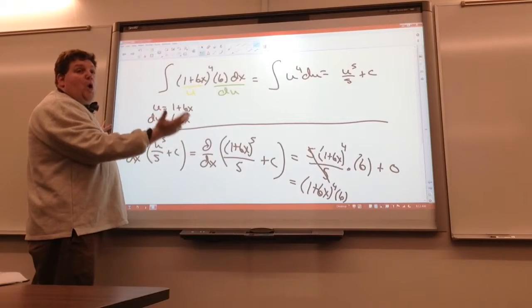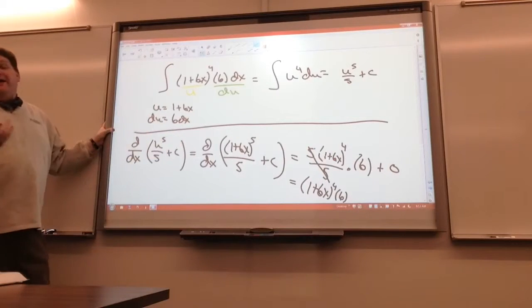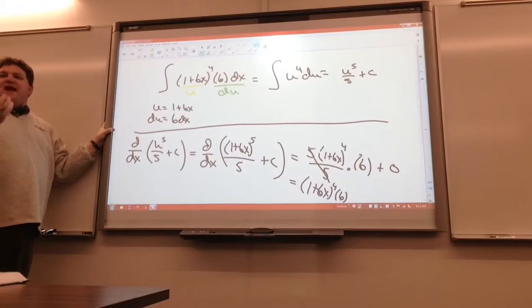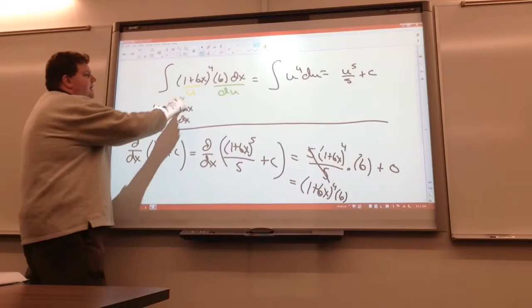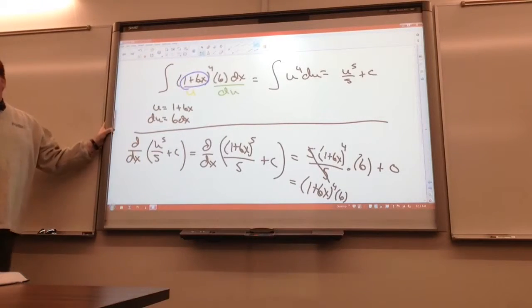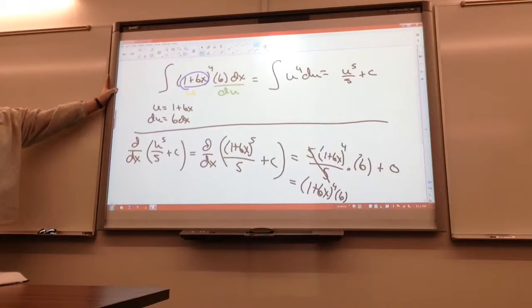Or, and most of the time it's both, u is going to be the thing that's inside parentheses raised to a power. So if you look right here, I knew 1 plus 6x had to be what u was, because one, that's the only thing with an x in there, and two, that's inside parentheses being raised to the 4th power. So that's a dead giveaway that that should be u. And then from there, everything else follows.